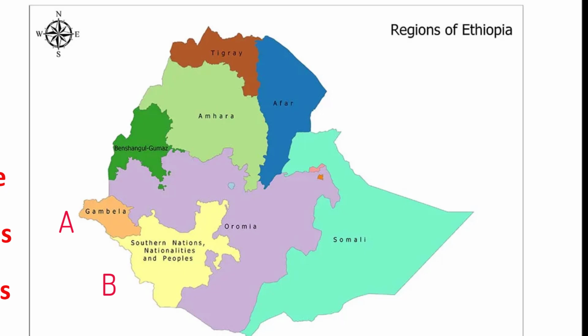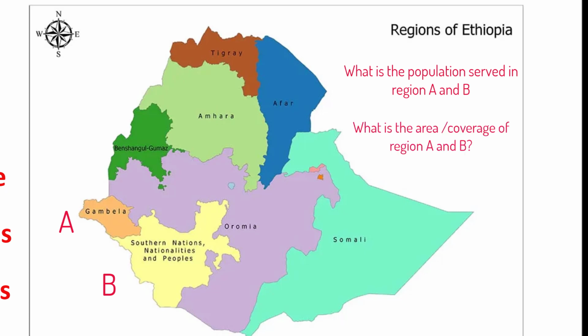This is where normalization comes in. So you'd want to normalize your observations against the total number of people served, or it could be against the total coverage of the area. In this case, a more appropriate indicator would be the total number of health facilities per 10,000 population, or the total number of health facilities per total population living in those regions.